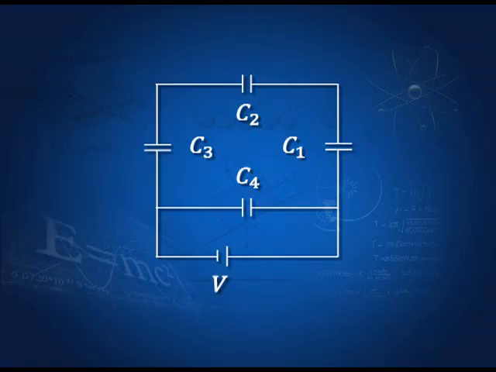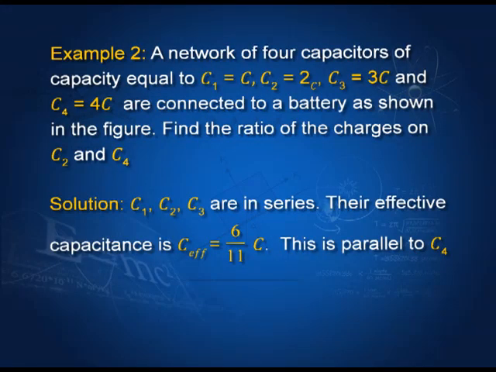So, we take 1 by C1 plus 1 by C2 plus 1 by C3, and the reciprocal of that gives the capacity of this series combination. So, that is C effective, and then this is C4, and this is potential V. We can find the values, and C effective is 6 by 11 of C.